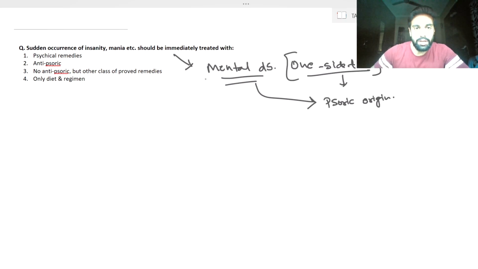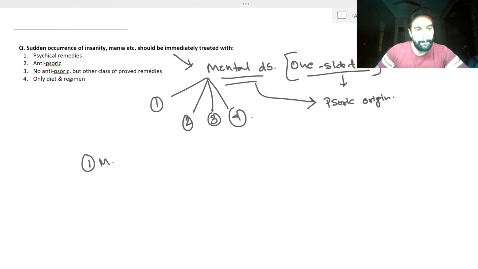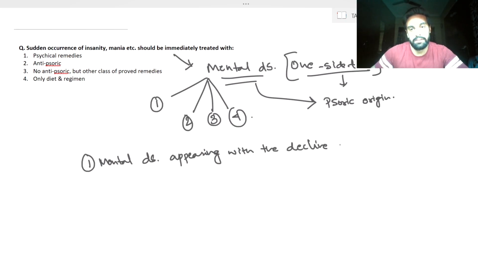Now you need to know that there are 4 types of mental diseases. So what is the first type? The first type of mental disease are those mental diseases appearing with the decline of corporeal disease.